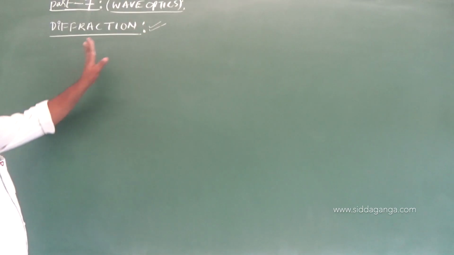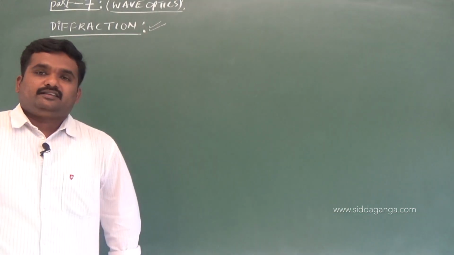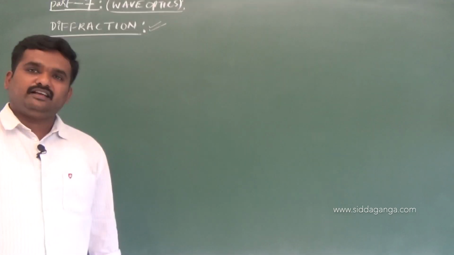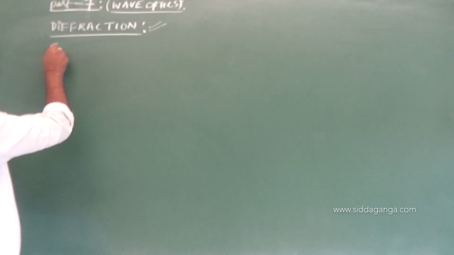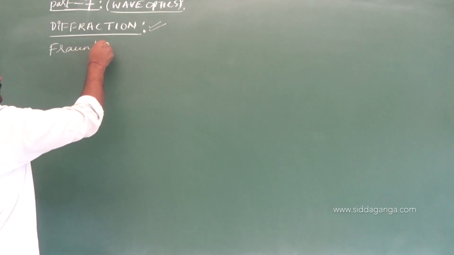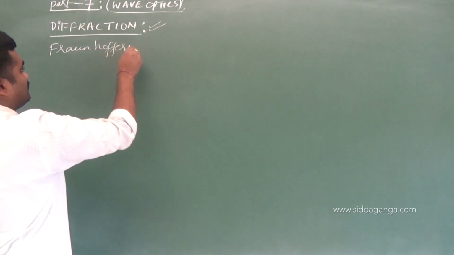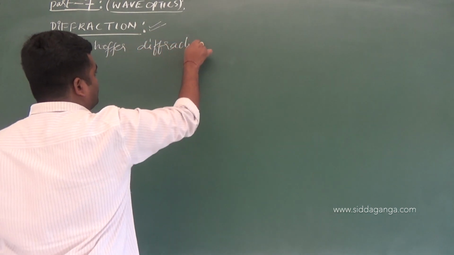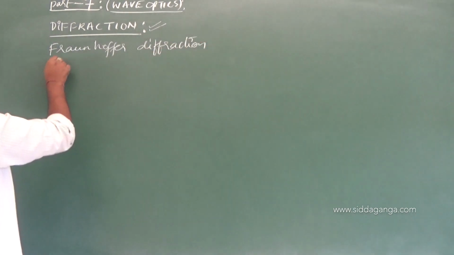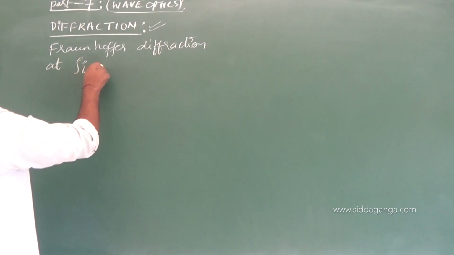I told you that for Fraunhofer diffraction to take place, the source and screen should be at infinite distance. Once again, let me write that: Fraunhofer diffraction at single slit.